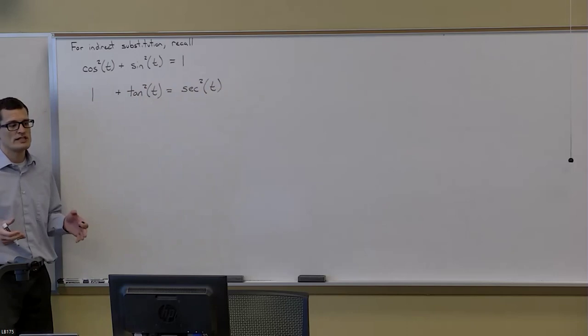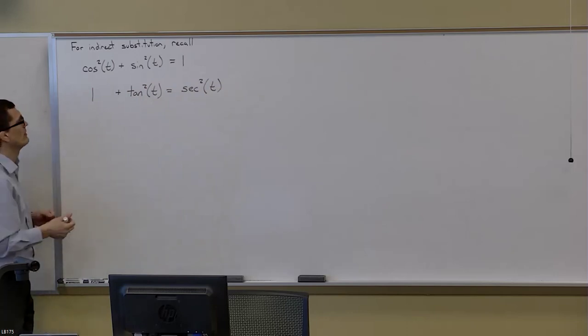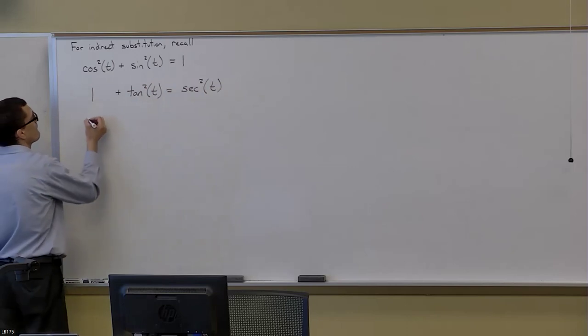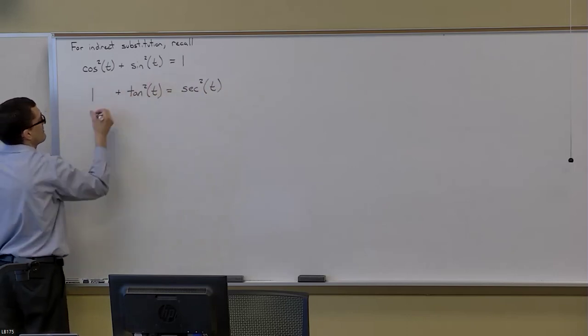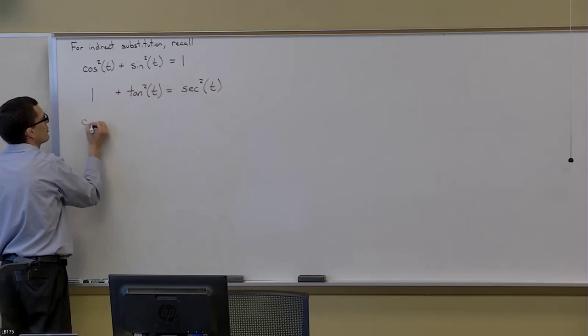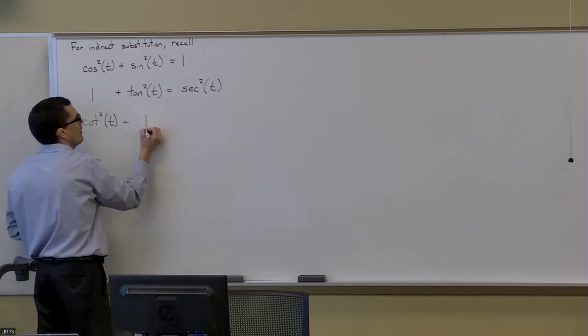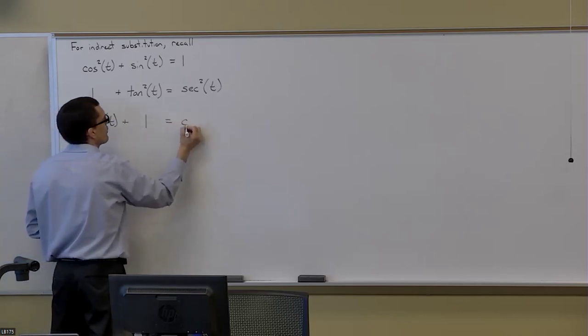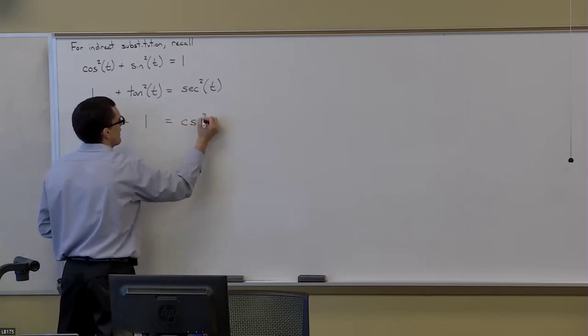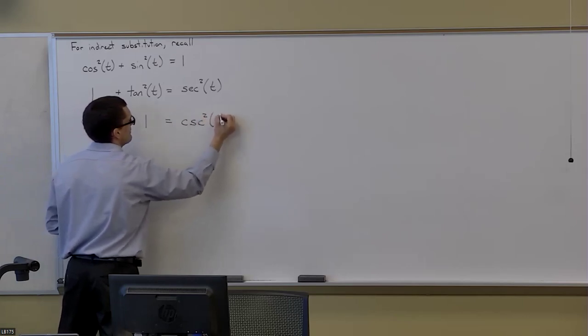When I originally gave these out, they were all in theta, right? So using t here. If I divide by sine squared, I get cotangent squared of t plus 1 is equal to cosecant squared of t.